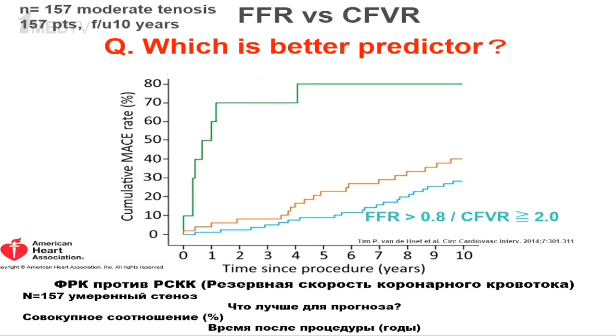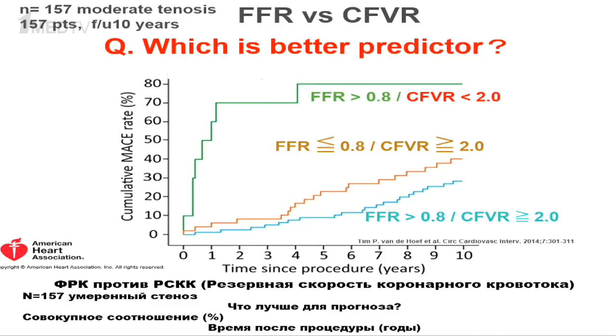Which do you believe? Both normal has the best prognosis. But even if the FFR is normal, when the coronary flow velocity reserve is worse, that is the worse prognosis.